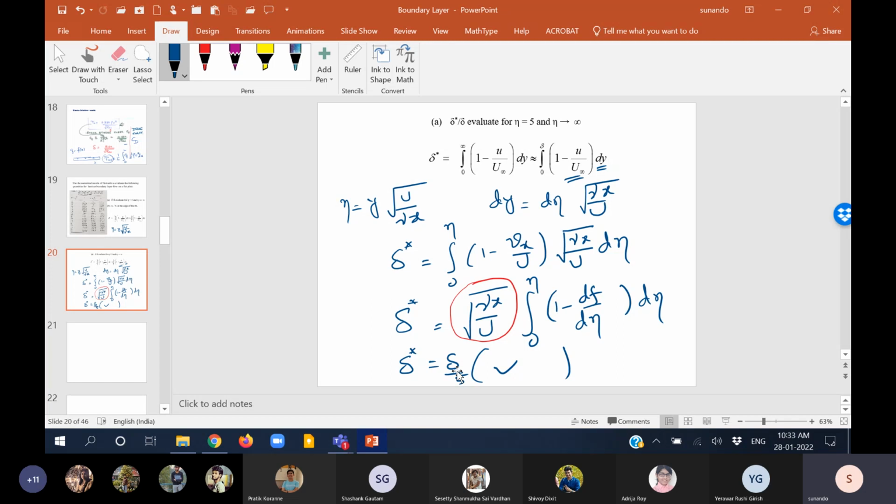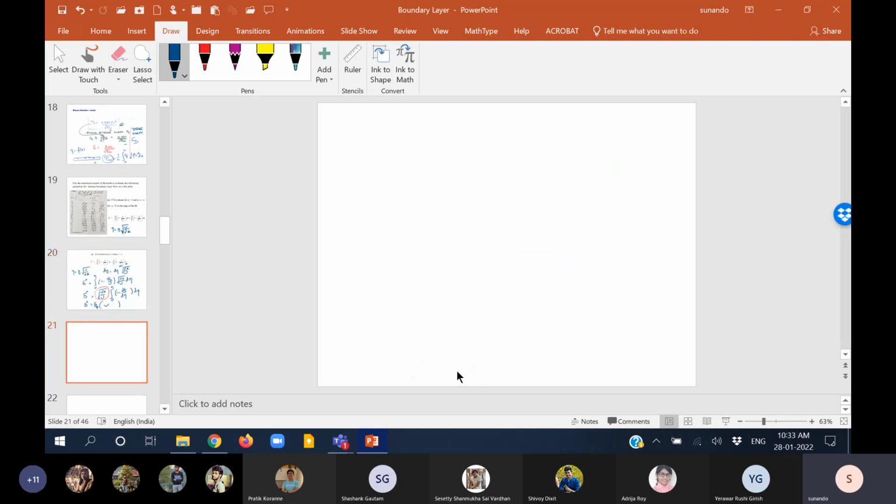So if I write it, what I get is delta star is equal to delta by 5, and the integrand then becomes the integral from 0 to some value of eta of 1 minus f prime times d eta.